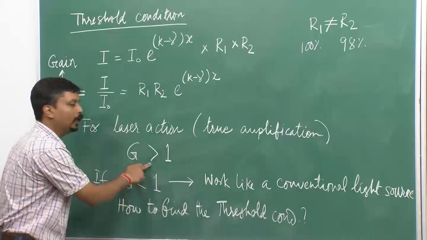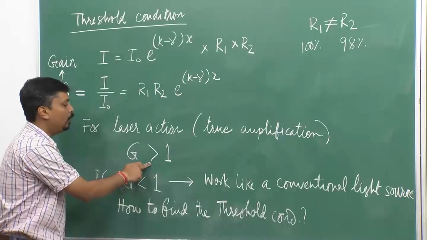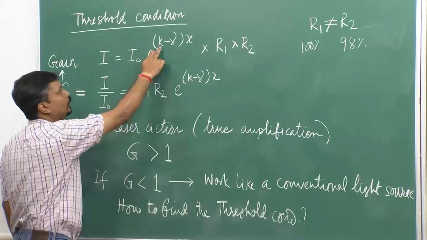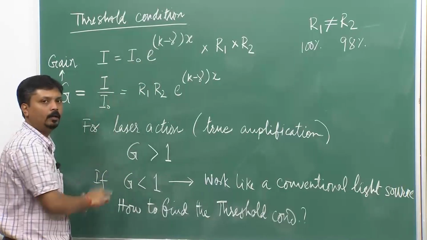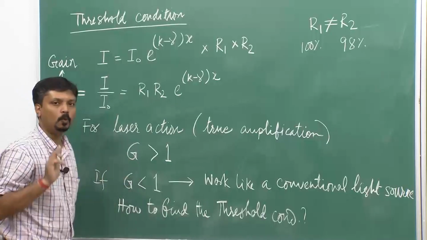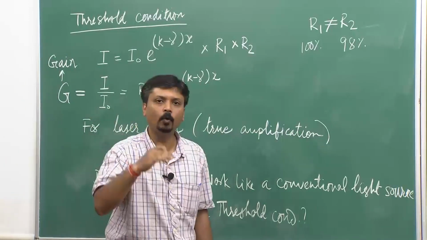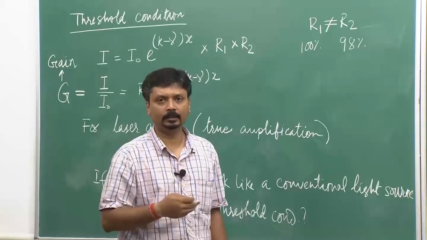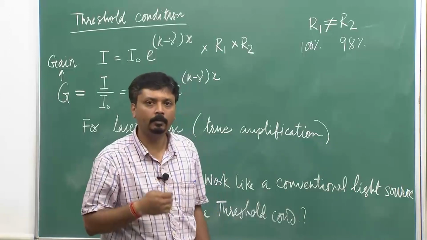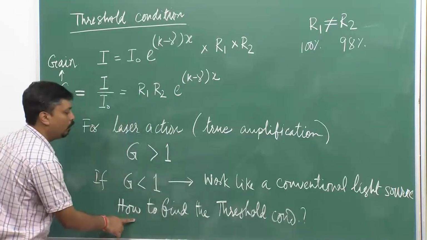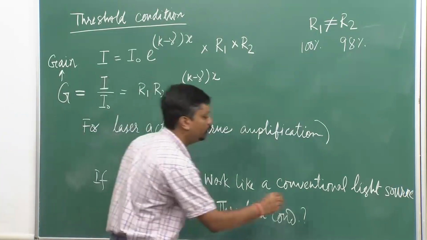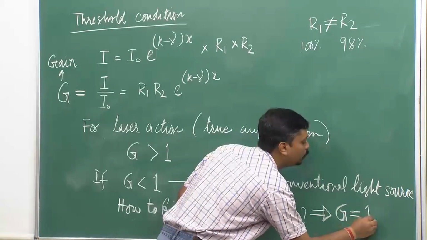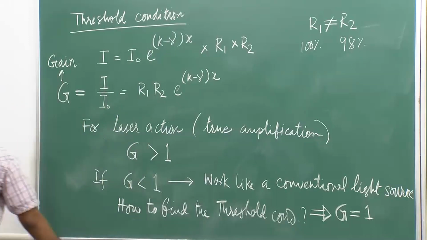It has to be greater than 1. So, if I find out what is the condition on, say, this gain coefficient k when g is equal to 1, that means if I just increase, go above that, even by the slightest amount, it will have positive gain, right. So, in order to find this out, I need to equate g. So, the answer is, okay, I will find out by equating g to unity. Let us do that and find it out.